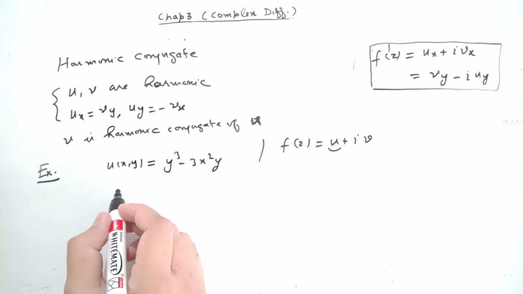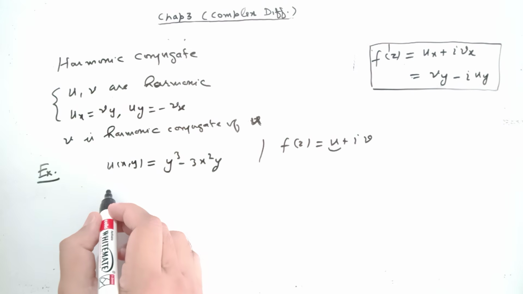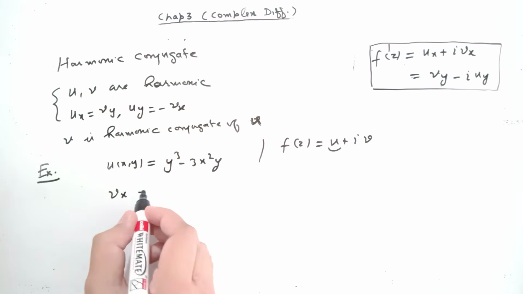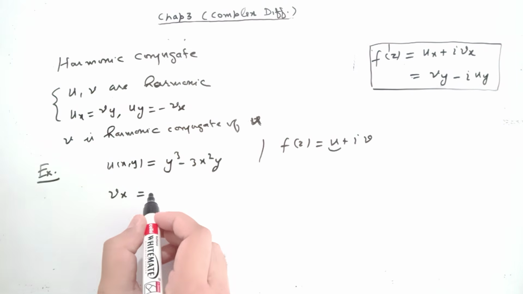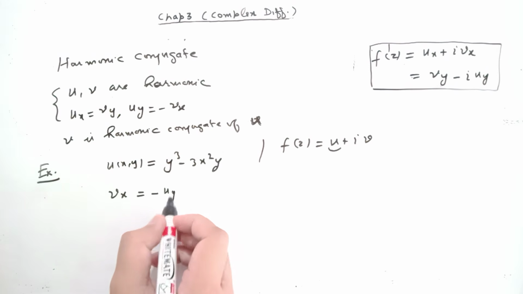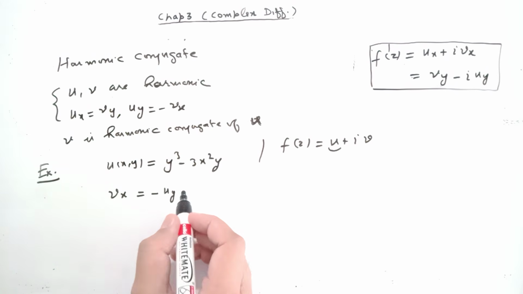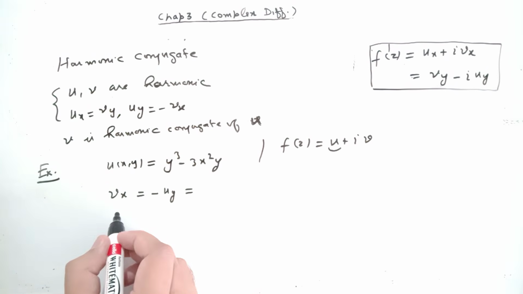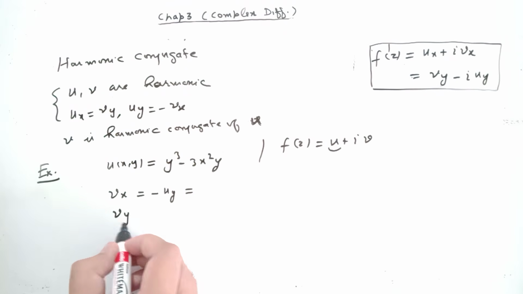What are CR equations? u_y equal to minus v_x, so I'm writing it in this format. v_x equal to minus u_y, and another equation is u_x equal to v_y.